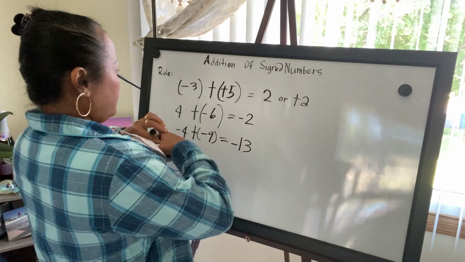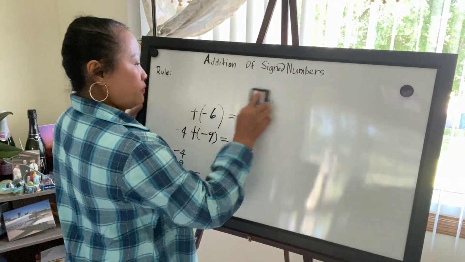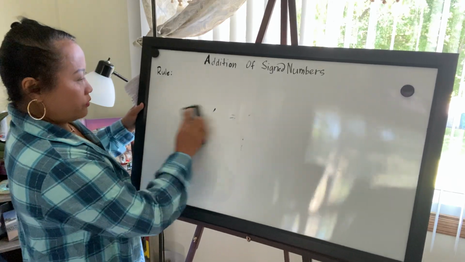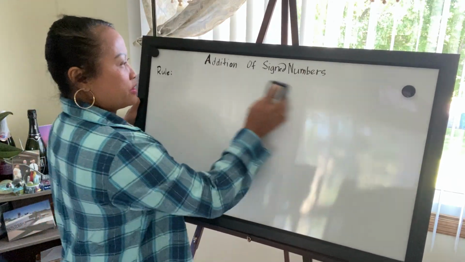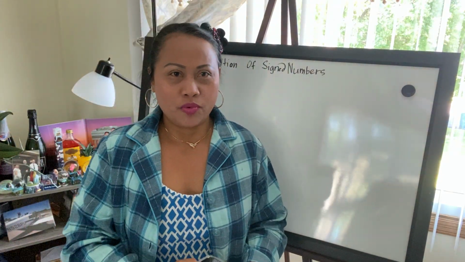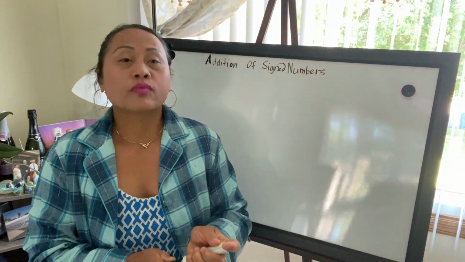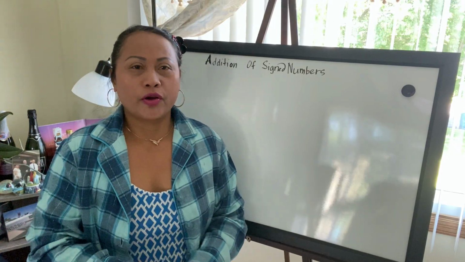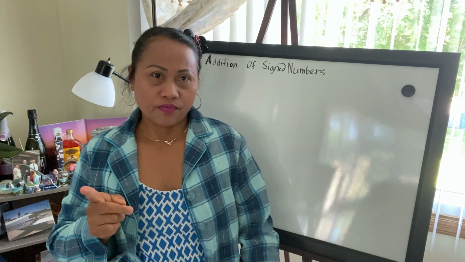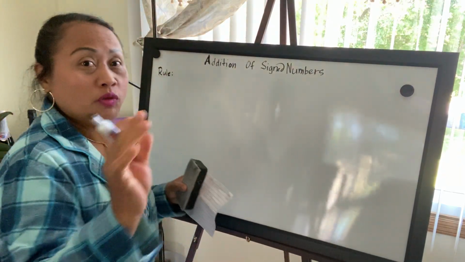Let's erase this. Just memorize the rule of the signed numbers. Okay. Addition of signed numbers. In adding signed numbers with the same sign, you have to add. Like for example, negative plus negative equals, you have to add.